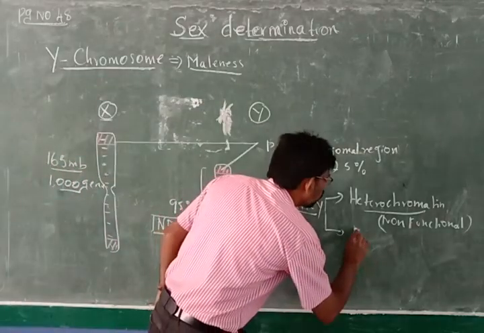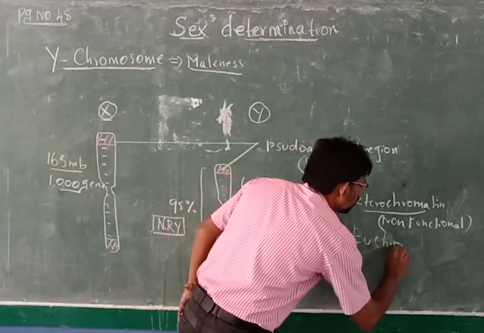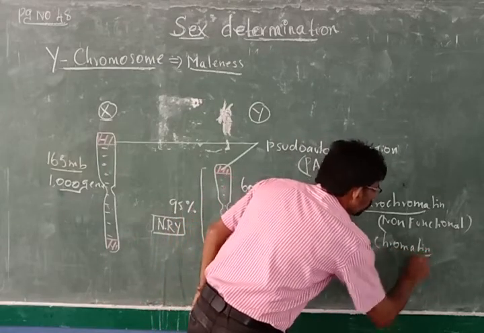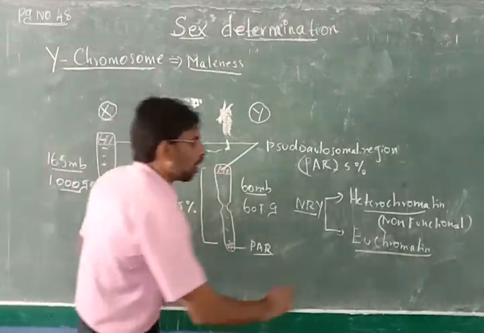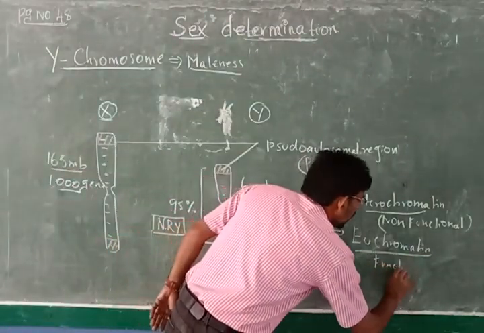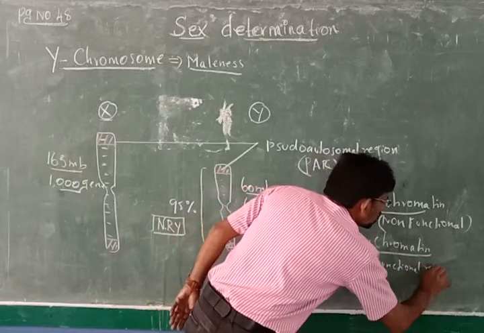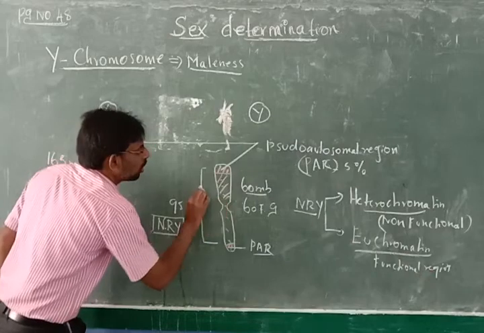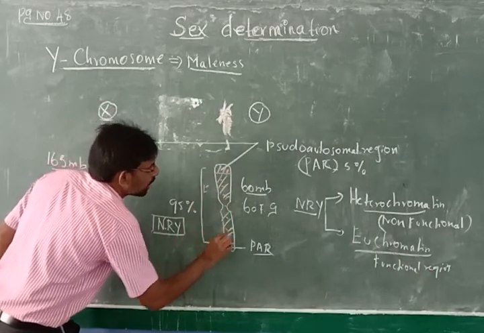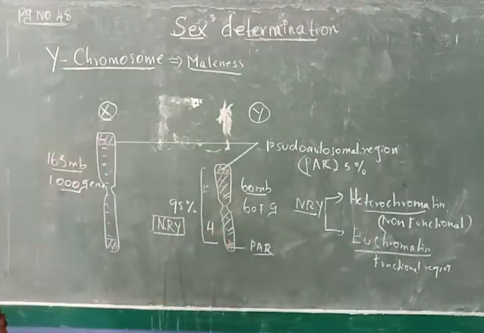It is called euchromatin. Eu means true chromatin. So these euchromatins are called functional areas. It's a functional region. So this area is called euchromatin, and this area is called heterochromatin.